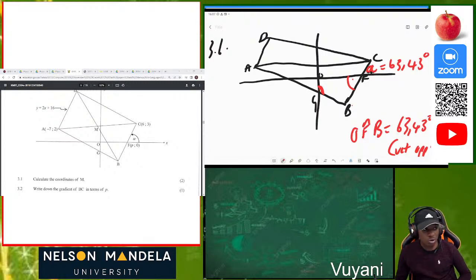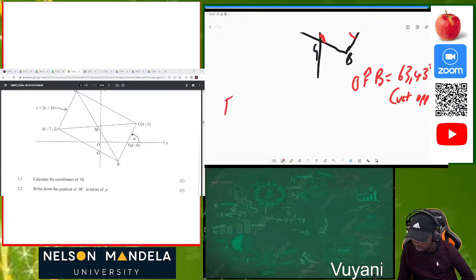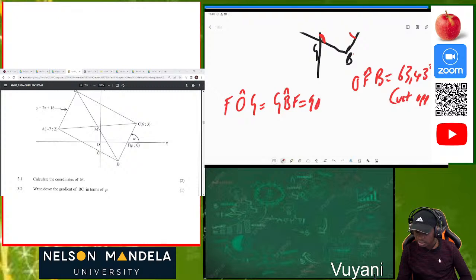So now we can see also that angle FOG is equal to angle GBF, which is equal to 90 degrees, because we know that at the corners of a rectangle it's 90 degrees.